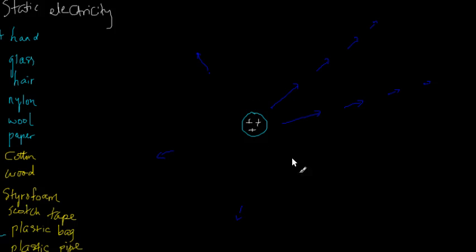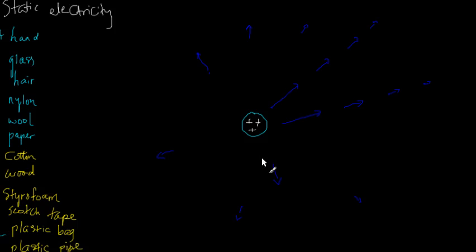Now I can imagine drawing lots of little arrows everywhere. Maybe if I start picking random points, there'll be one arrow there. That point would experience a force there. A charge at this point would experience a force there. A charge at that point would experience a force there. So you can do this to any point at all in this electric field, in this region of space around the glass ball.